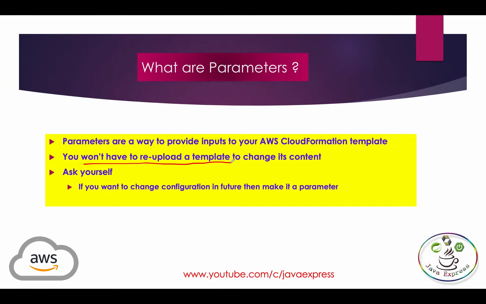If you give it as a parameter, there is no need to upload your template again. You can directly change your parameters in the CloudFormation console. I will also show you in this session the different types of attributes available. That is why parameters have more advantage.